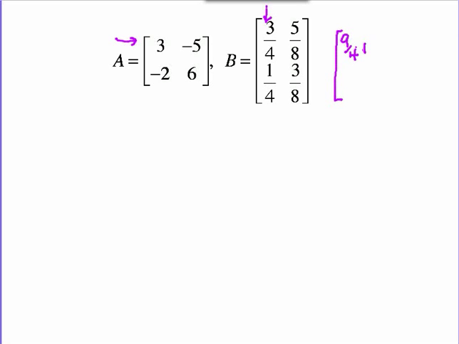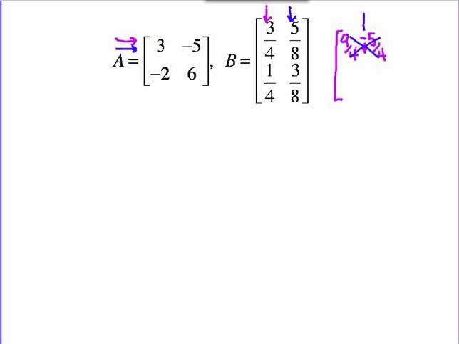And then I'm going to add negative 5 times 1/4, which is negative 5/4. So 9/4 and negative 5/4 will be 4/4, which is 1. So then now A times B, you're going to do row 1 times column 2.